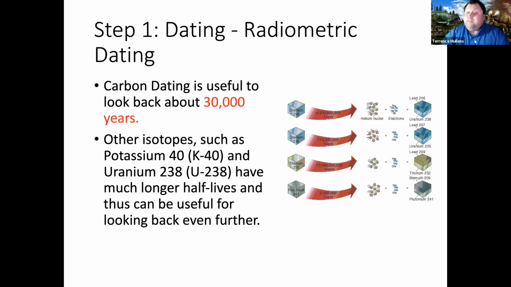Uranium-235, 713 million years. Thorium-232, 13.9 billion years. That's almost the age of our entire universe. And then plutonium, 2.4 million years. So these are very useful for us to look back even further. Each one of these is a naturally occurring item that we can use to look back into the past.